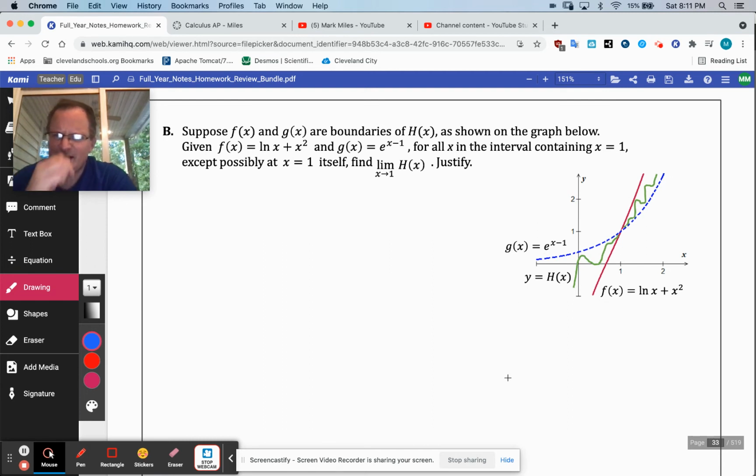So it's still the squeeze theorem because they're intersecting, and h of x is always in between those two, but in a different order. On the left hand side it goes largest to smallest: blue, green, red, and on the right hand side it goes red, green, blue. But it's still the same idea. This green one is stuck in between, and when they intersect, it's got to intersect too.